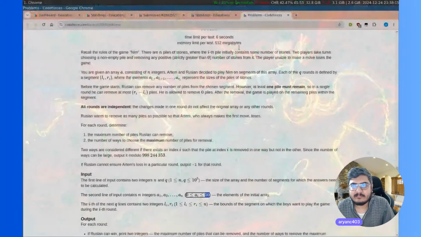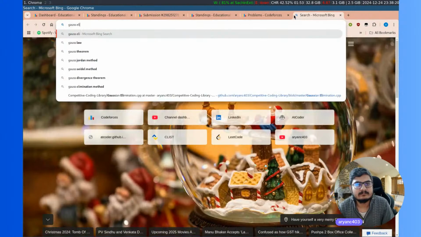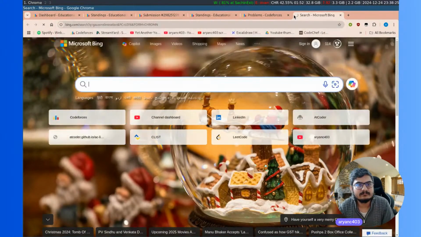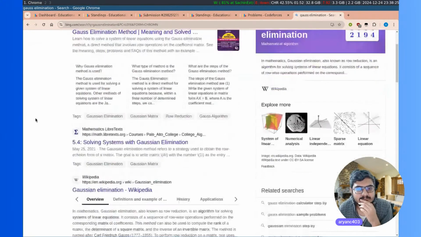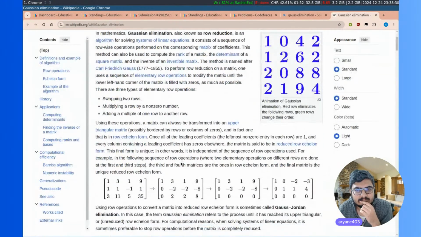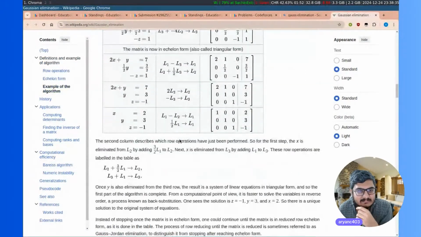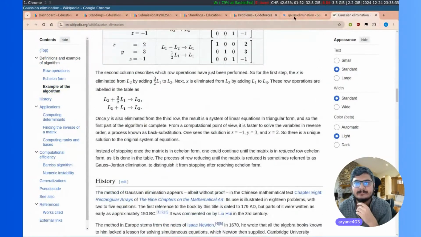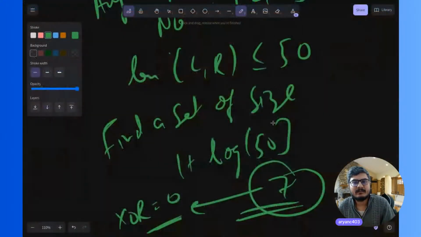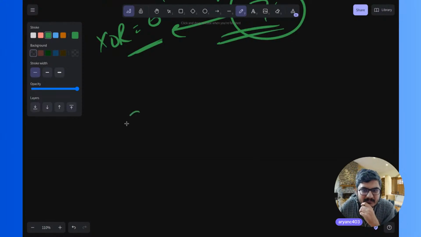I will avoid the proof here, but you can look at Gauss elimination and try to find why this is the case. This was the critical observation, and now we can have a DP of i, x.